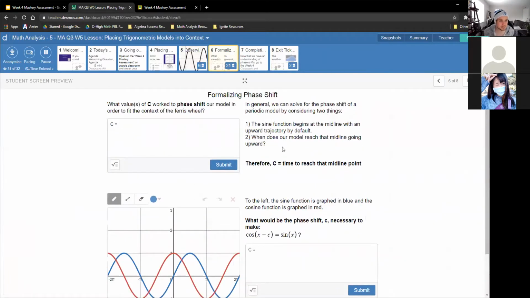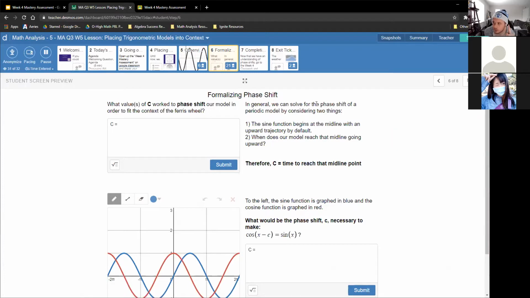So then, guys, in general, we can solve for the phase shift of a periodic model by considering two things. First of all, the sine function begins at the midline with an upward trajectory by default.